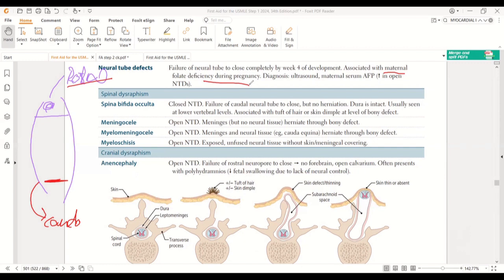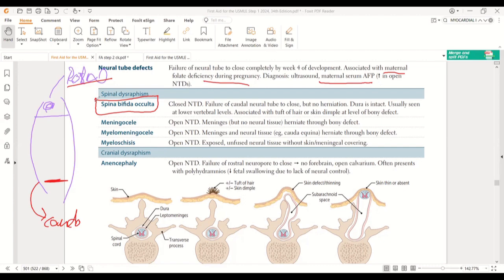Okay. In neural tube defect, the maternal serum alpha fetoprotein is raised, right? Again, a high yield stuff. This alpha fetoprotein is normal in spina bifida occulta.